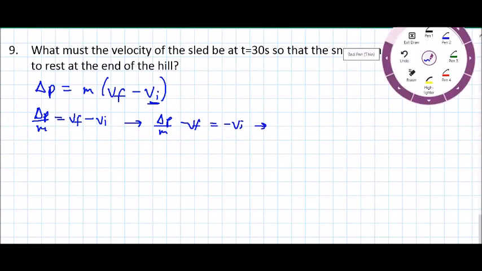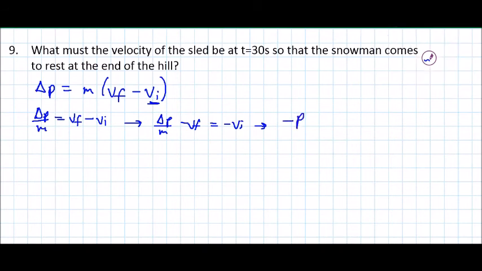And now because I have this negative right here, I'm going to multiply everything by a negative or divide, either way. Then this will give me negative change in momentum over mass. The Vf becomes positive and the Vi also becomes positive.